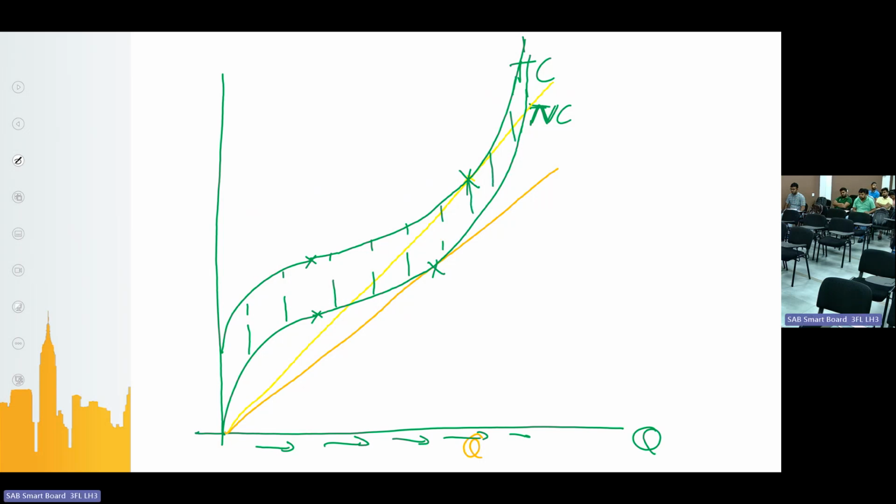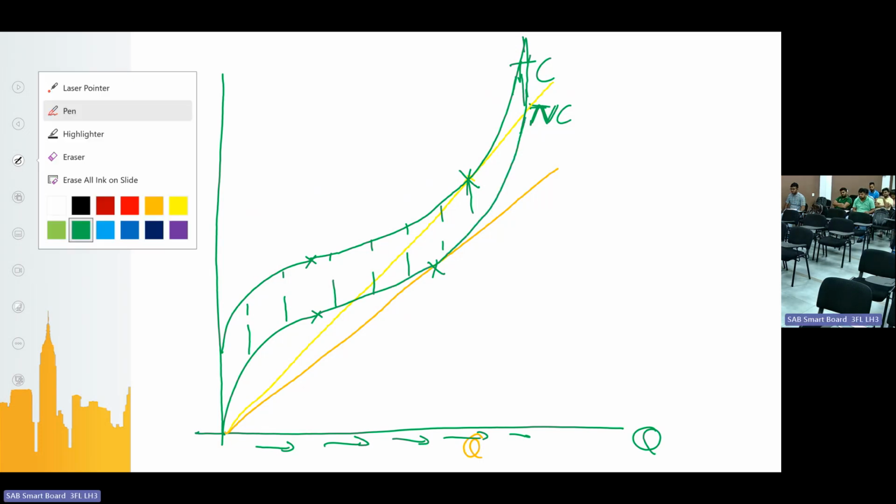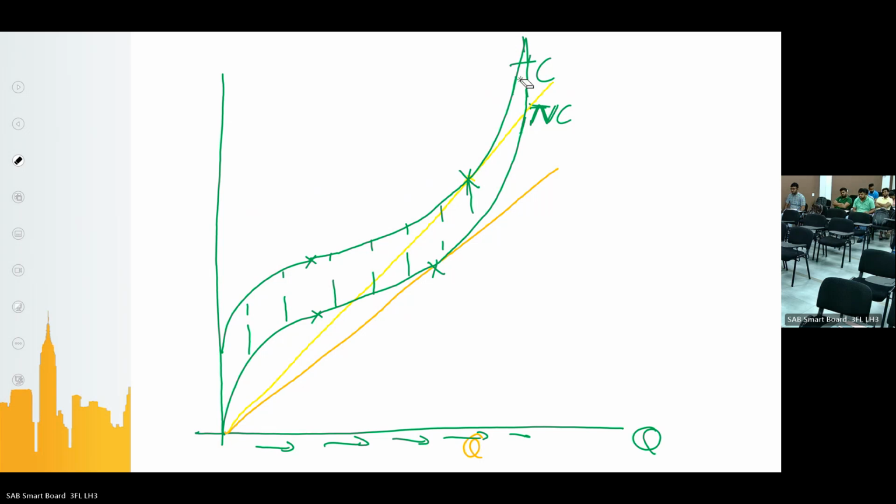The vertical distance will remain the same.